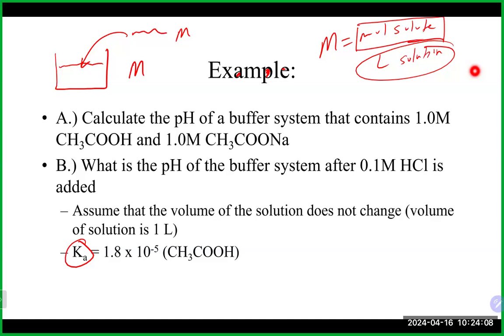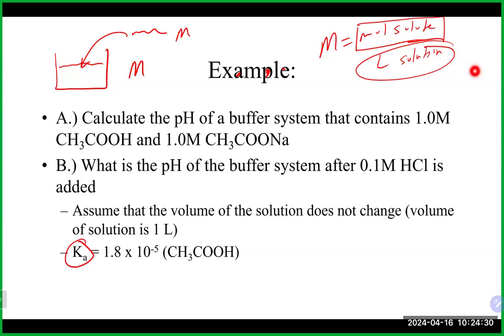And then we can switch over to molarity after the first ice table. So typically, if you're adding volume to each other, you should do that first ice table in moles, and then afterwards it's good practice to convert back into molarity using the total volume at that point.